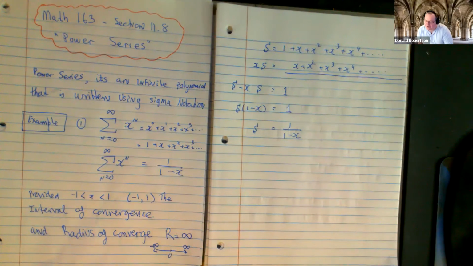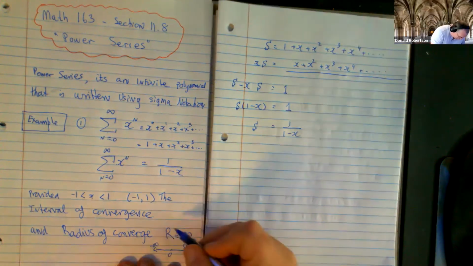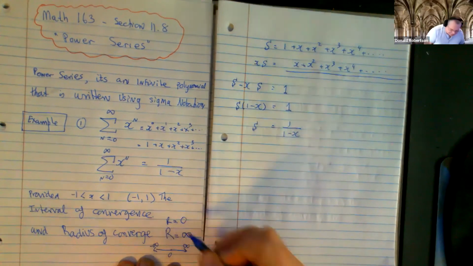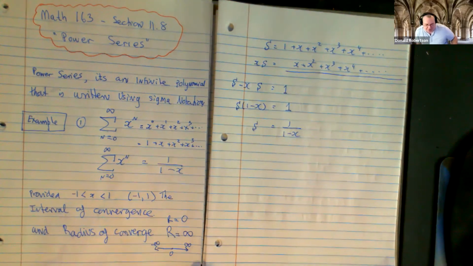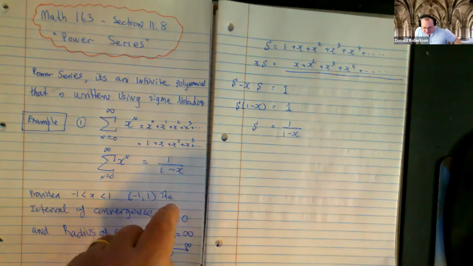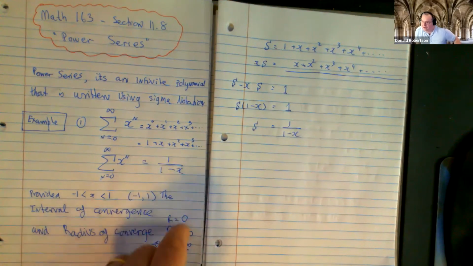For any value of x you like, it works. Now, if the radius of convergence is 0, then your power series is totally useless, because the only thing it works for is x equals 0, right? Because either side of 0 is just the number 0. And everybody else is somewhere between those two extremes.